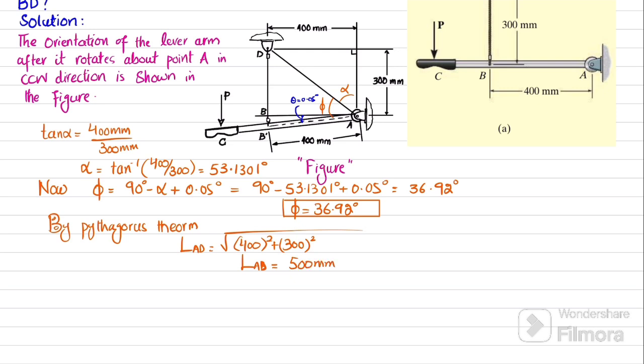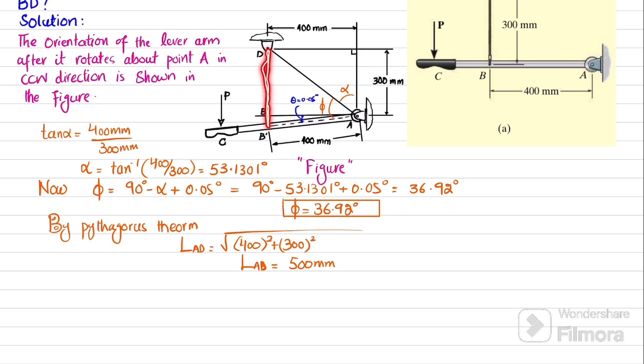Now you have this length AD. So what we will do is that we will take this triangle. You can see this triangle, this one. So in order to find the total length of this portion, clear?